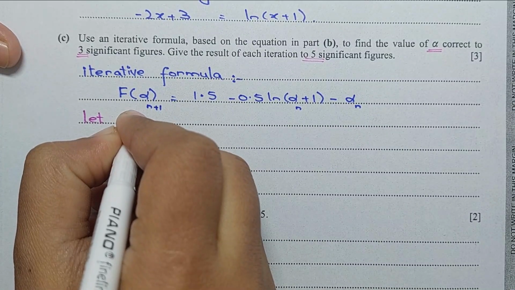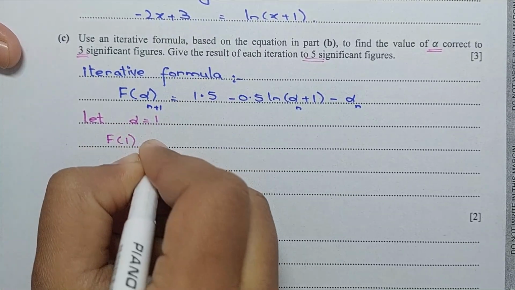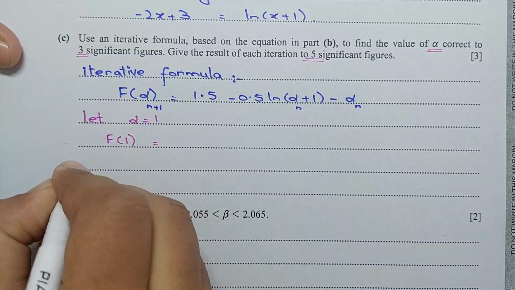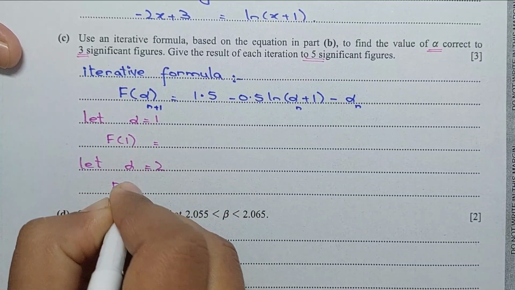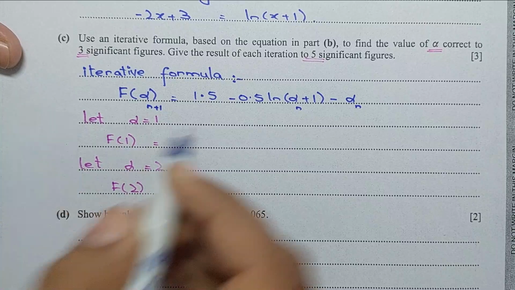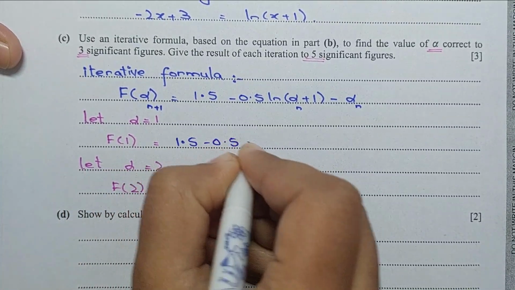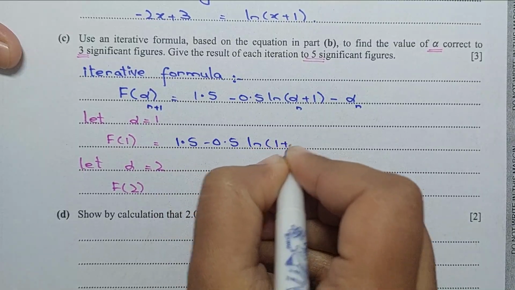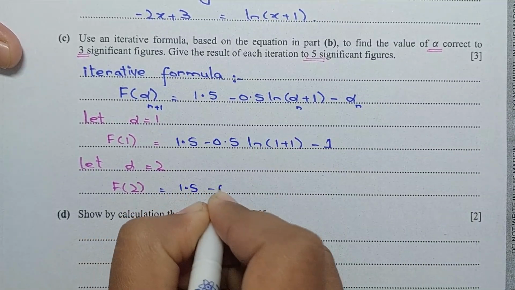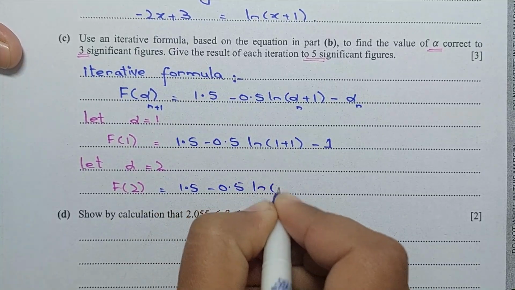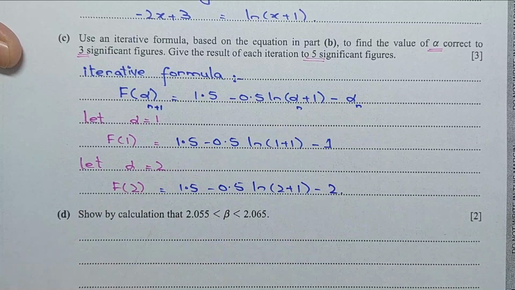Okay, so let alpha be 1. What is f of 1? And let alpha be 2, and what is f of 2? So f of 1 is 1.5 minus 0.5 ln of (1 plus 1) minus 1, and f of 2 is 1.5 minus 0.5 ln of (2 plus 1) minus 2, because the alpha value is 1 and the alpha value is 2.